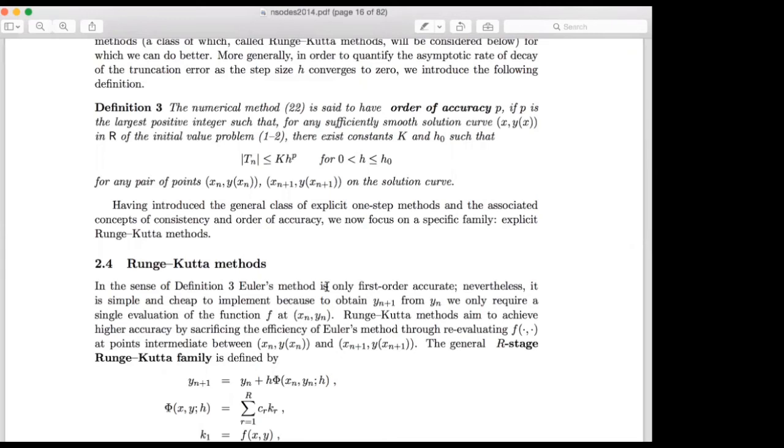Till now we require two pieces of information at both ends: y at xn we have, and y at xn plus 1 we have. By using these two pieces of information, we can fix a straight line only, because the equation of the straight line is ax plus b.